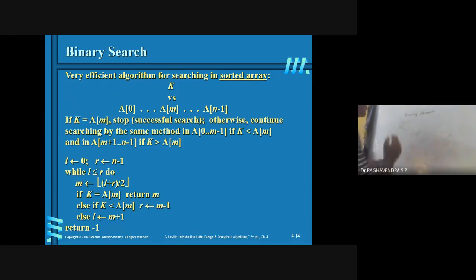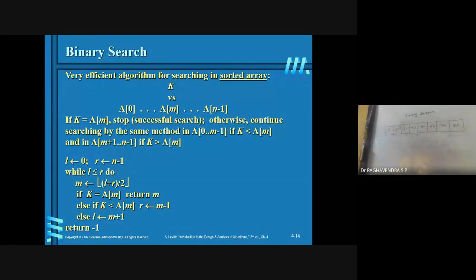First we'll take an array here. Approximately some elements will be taken here, like we have 10, 20, 30, 40, 50, 60, 70. So this is the array.